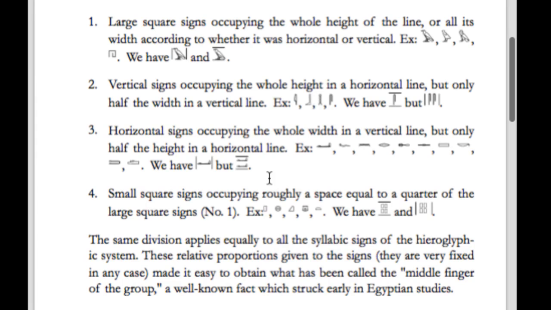3, horizontal signs occupying the whole width in a vertical line, but only half the height in a horizontal line. So here are the wide but narrow, the short and wide.